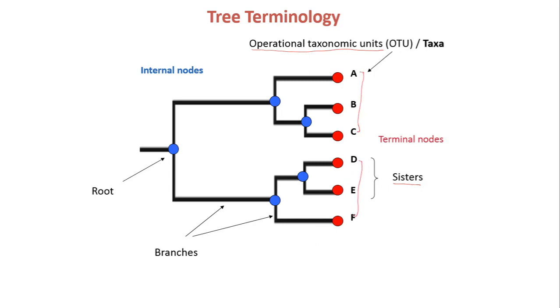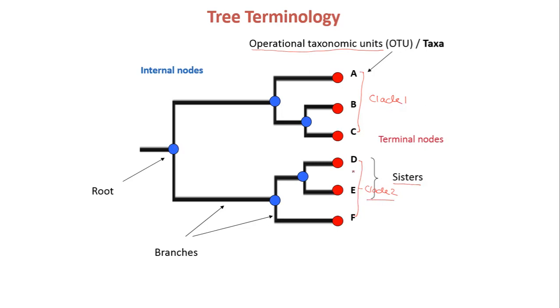This would be clade 1, formed by operational taxonomic units A, B and C. And the operational taxonomic units D, E and F form another clade called clade 2. Since clade 1 and clade 2 have a recent common ancestor, we say that clade 1 is sister to clade 2.